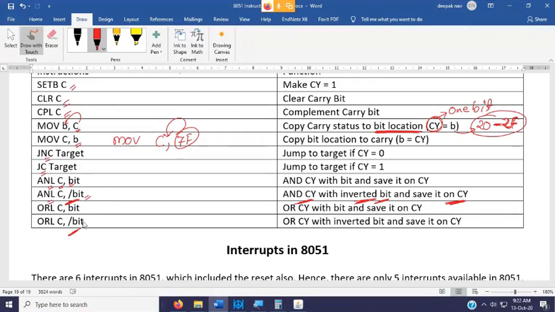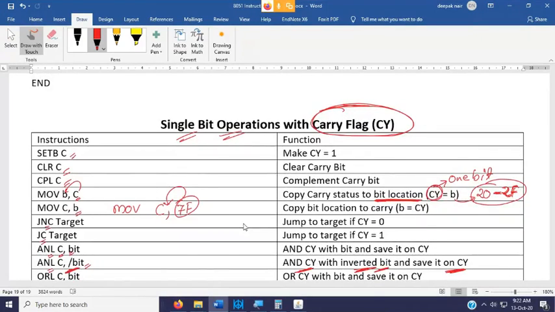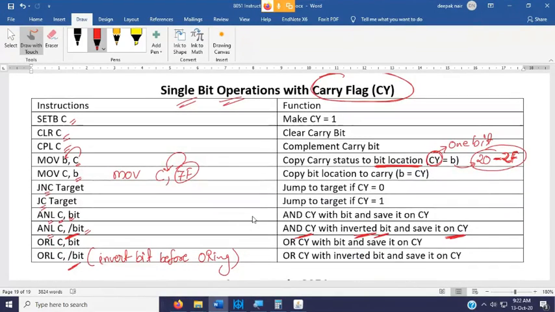Invert the bit before ORing. Okay, done. So this is about carry flag bitwise operations.